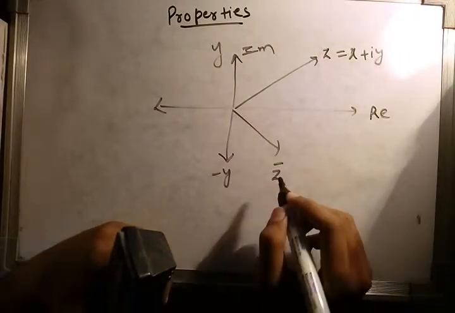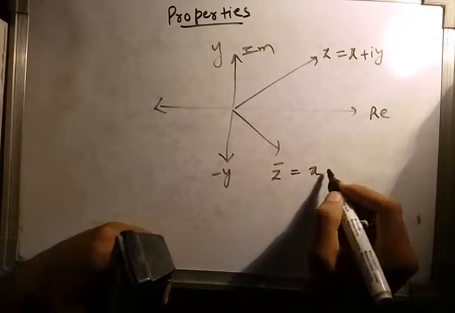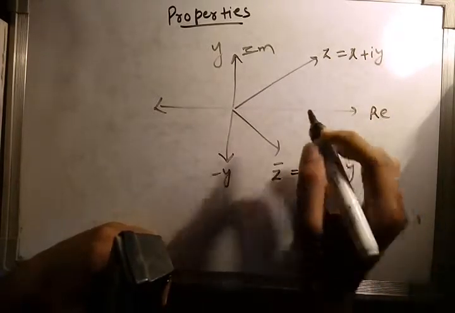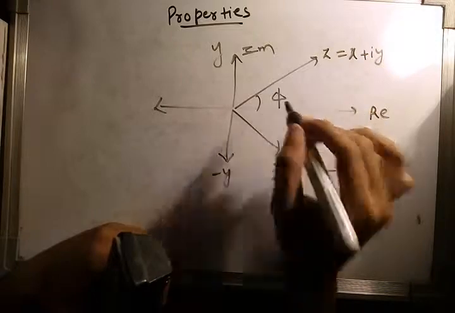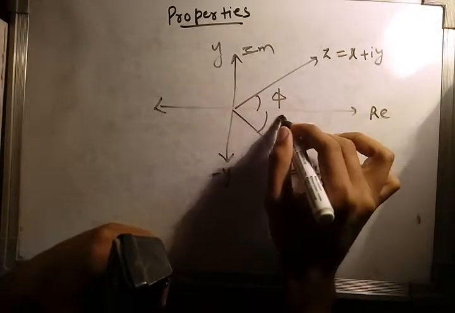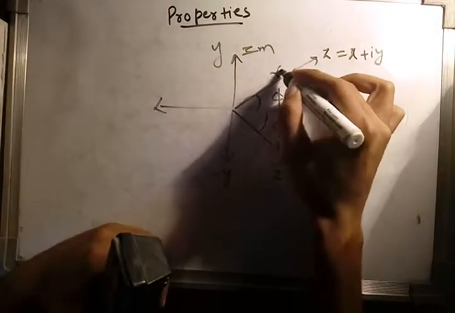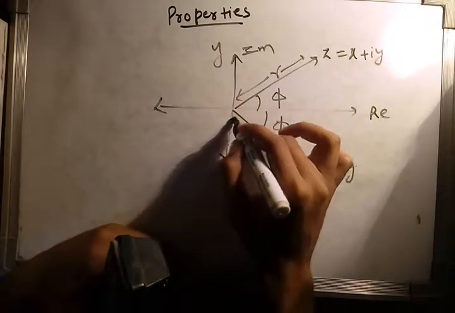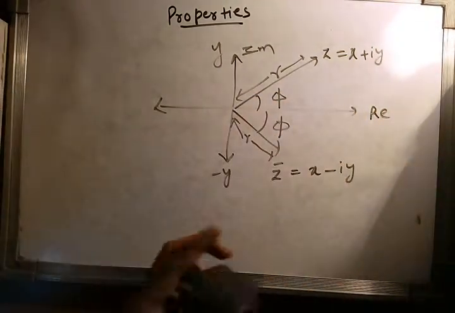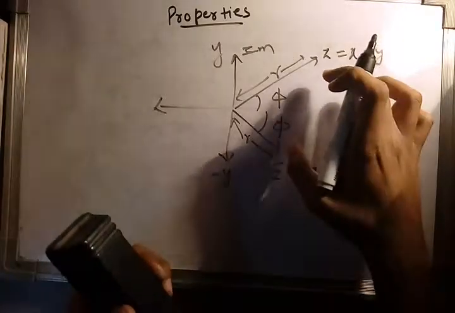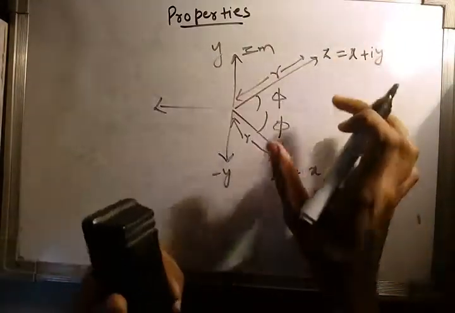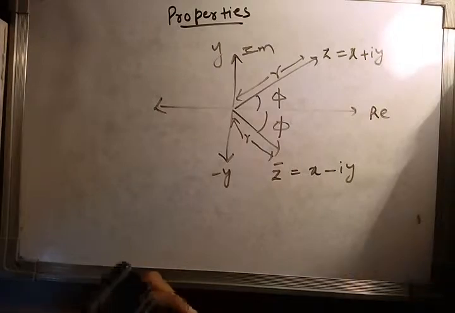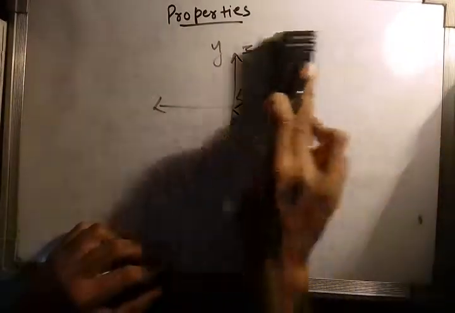This is the complex conjugate of the number, and this is x minus iota y, and this is phi, this is r. So this is also r. This is a basic drawing of a graph of a complex number. These are the same actually. I'm not drawing to scale, but these are the same.